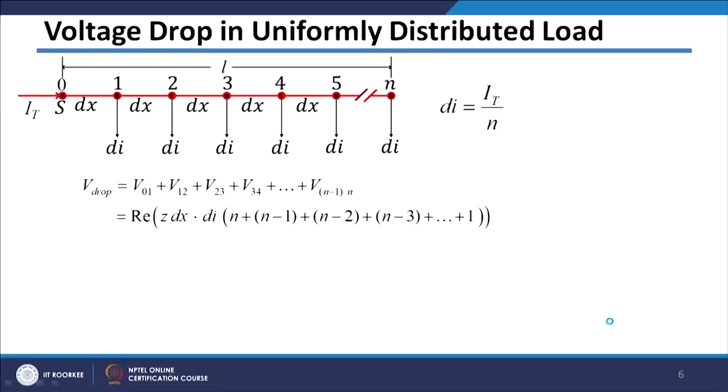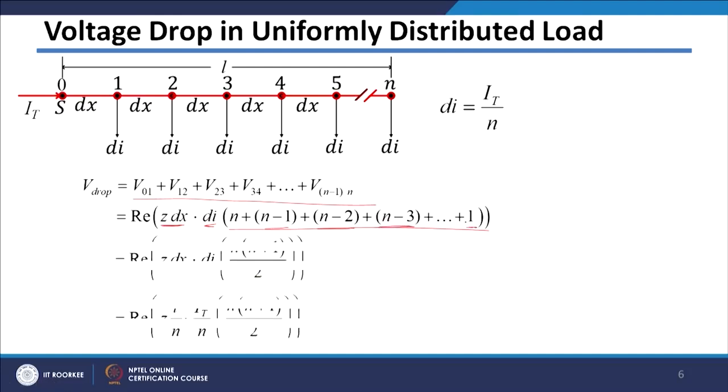Therefore, if you add these voltages, your Z dx comes out common and Di also comes out, and then there will be a series which is N plus N minus 1 plus N minus 2 plus N minus 3 up to 1.